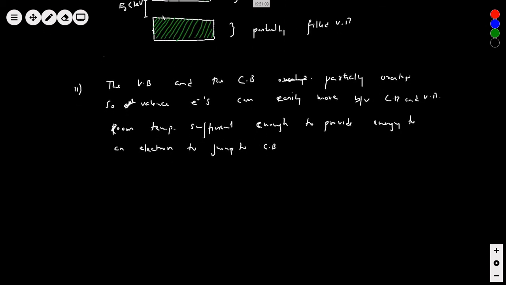Now it is also observed that there is something called the Fermi level or Fermi energy.